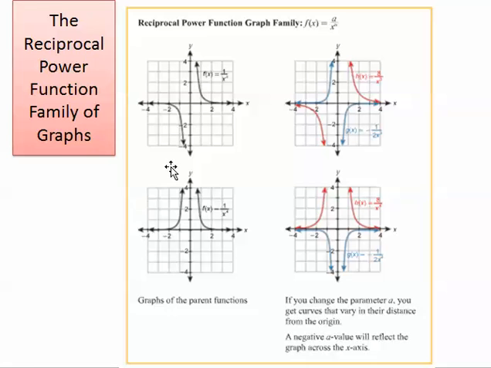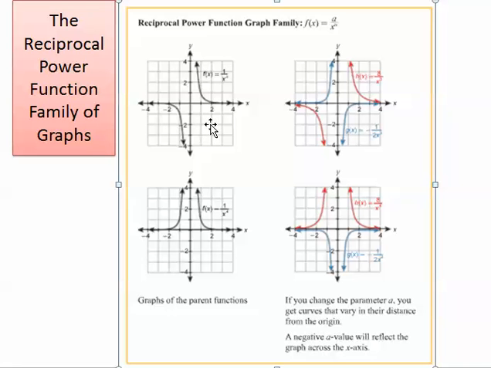If you look at these graphs, here's one up here at the top that is to the third power. Okay? And you can see they're going like this and going out like that. Now, what they're trying to show you here is that if you change the value of a, it just expands and stretches it a little bit.